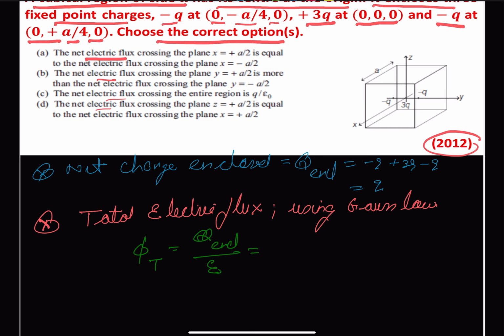Q enclosed is our q, and divided by epsilon naught.